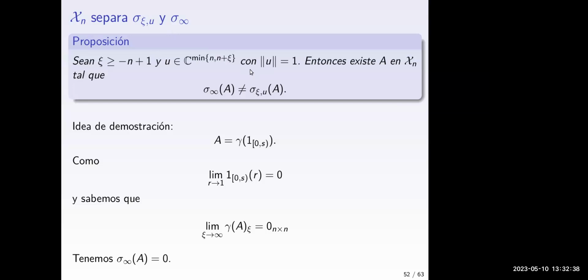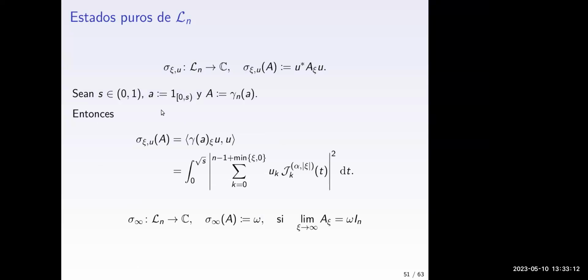We just need to find a sequence of matrices such that these pure states could be separated. The idea is that we consider this function, this indicator function.